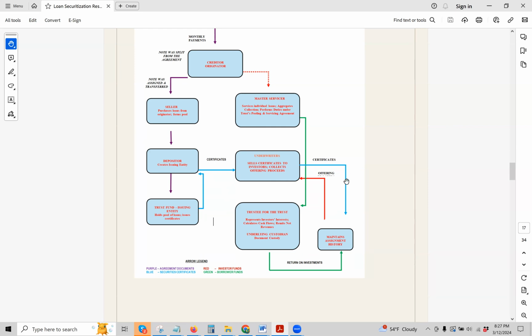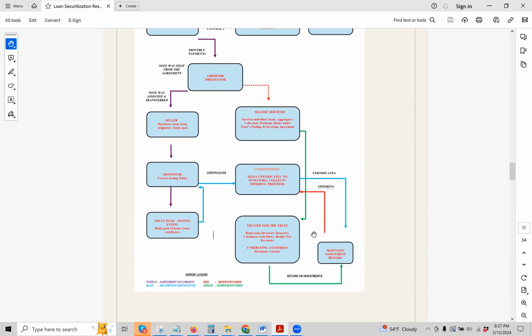And then the certificates, here. And then you have the trustee for the trust, which represents investors' interests, calculates cash flows, remits net revenue. The underlying custodian, the document custodian. See, there's a custodian here. Again, keeping track. That's what the custodian does, keeping track of the documents. And then a return on investment, of course, maintains assignment history, maintains the record keeping.